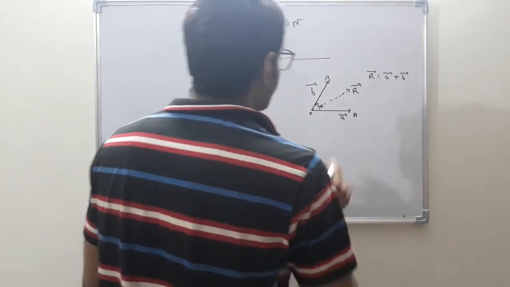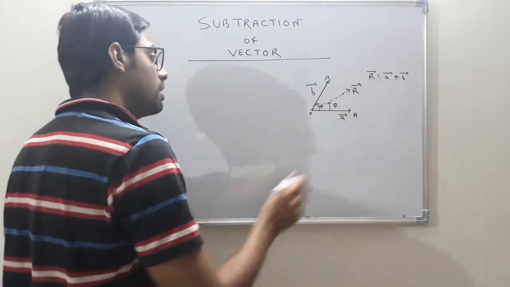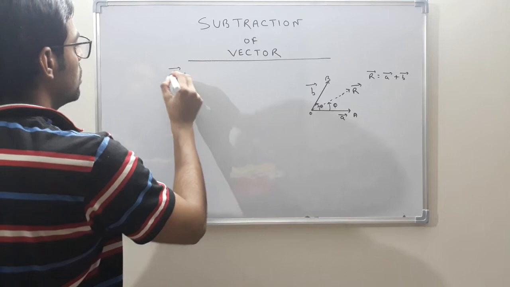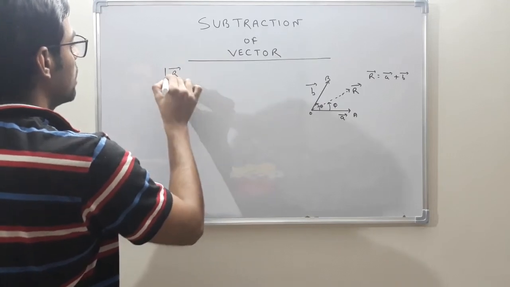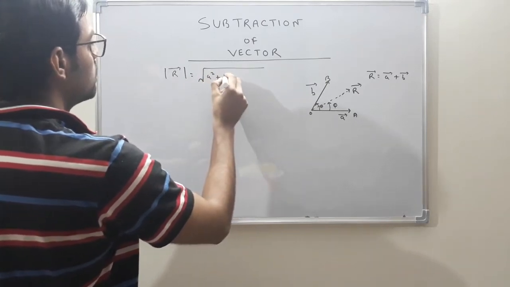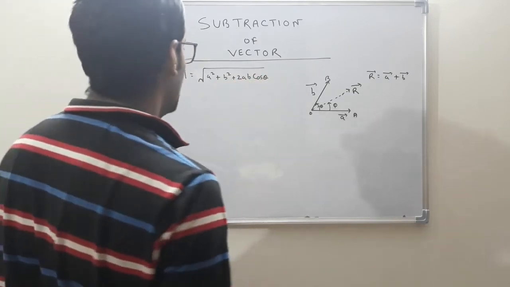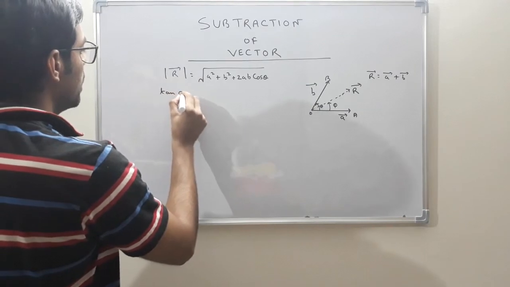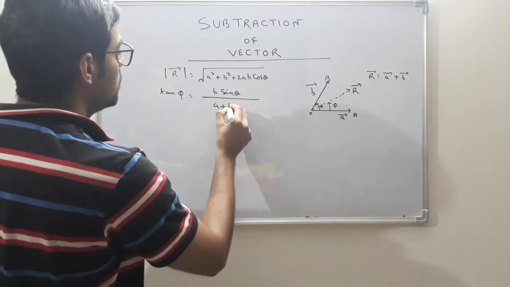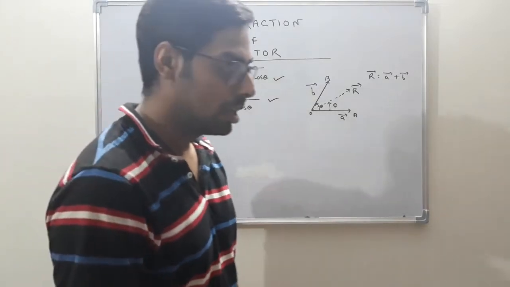Suppose vector R is oriented at an angle phi with respect to vector A. Then the magnitude of vector R, mod R, equals the square root of A squared plus B squared plus twice AB cos theta, and the direction of R was given by tan phi equals B sin theta divided by A plus B cos theta. These are the two relations we obtained in the vector addition technique, the addition of two vectors.